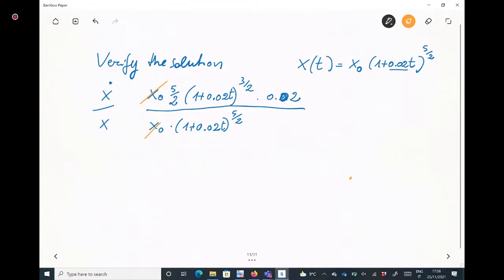So we get this in the denominator, and in the numerator we have 0.05.